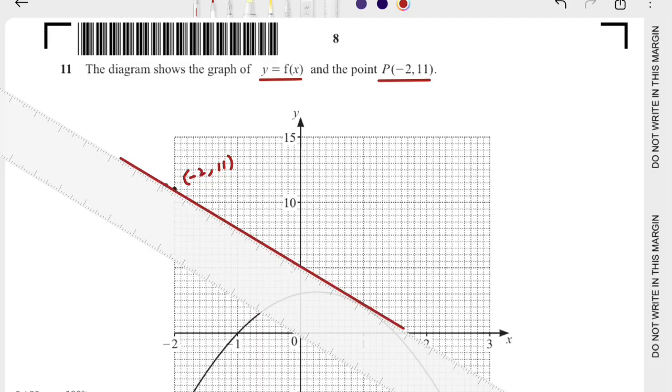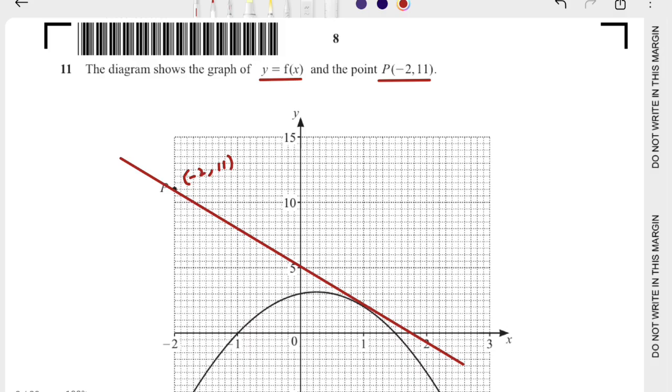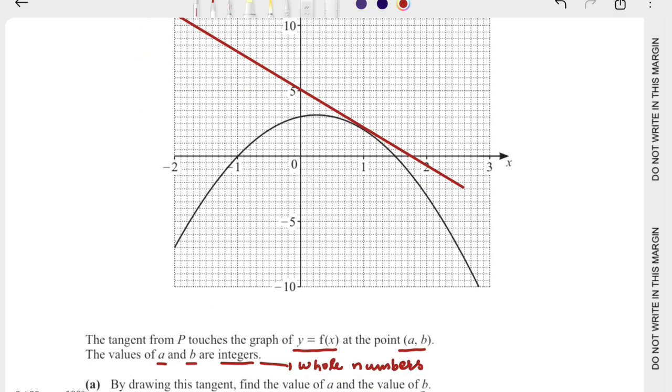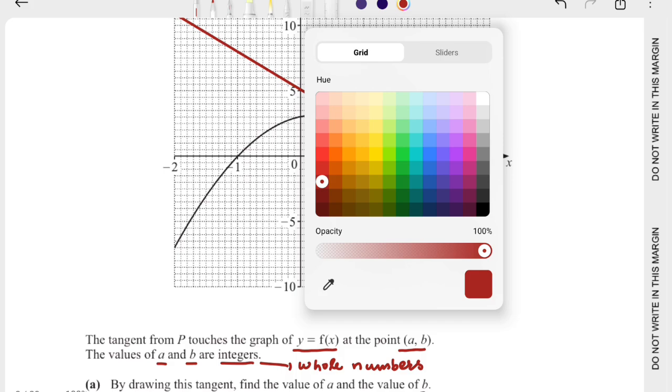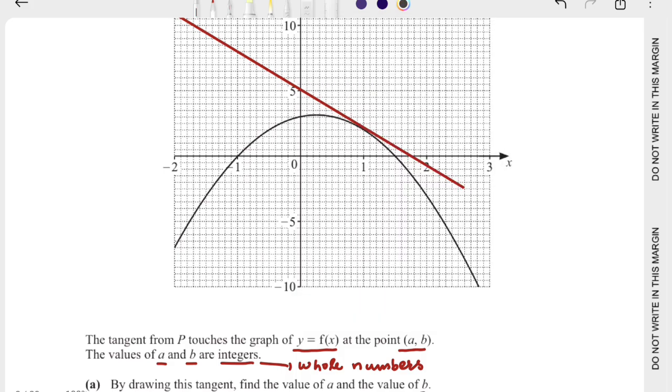So this would be the line. Now just check, the value of x is 1 here, and the value of y we have to read from the graph.